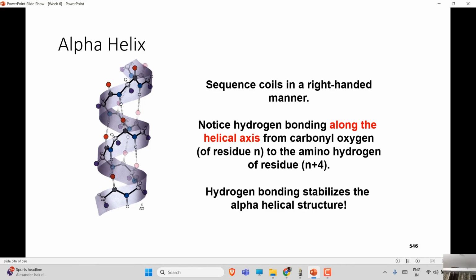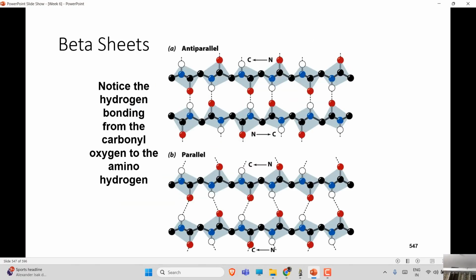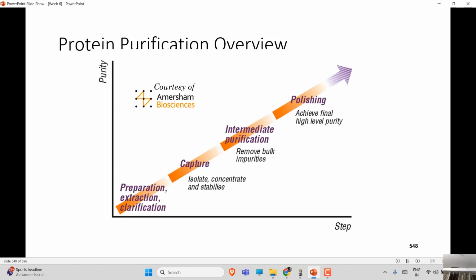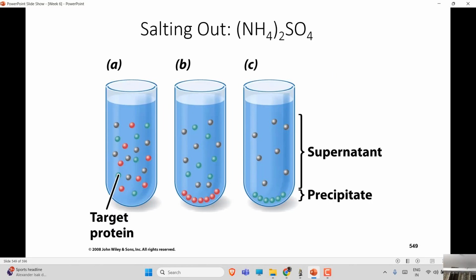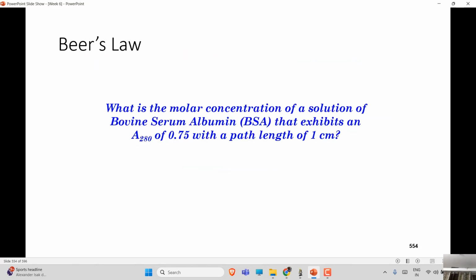Hydrogen bonding stabilizes the alpha helical structure. Then you can notice the hydrogen bonding from the carbonyl oxygen to the amino hydrogen. Then protein purification overview. First we do extraction, then we capture, then intermediate purification, polishing, and all of that. We are not getting into that.